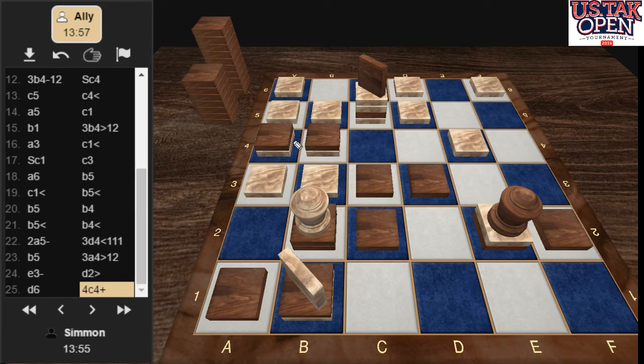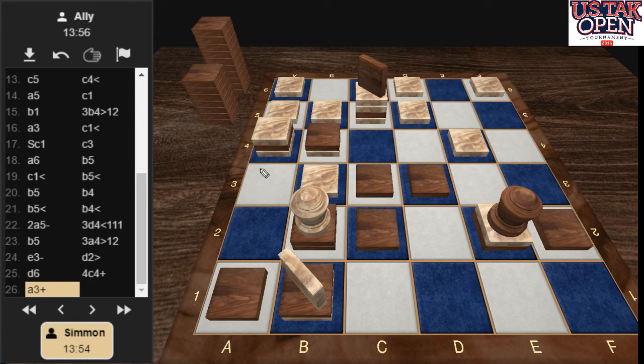So here, oh man, if only Ally had time to get this wall out of the way. Okay, yep, A3 up. Something I was looking at there.